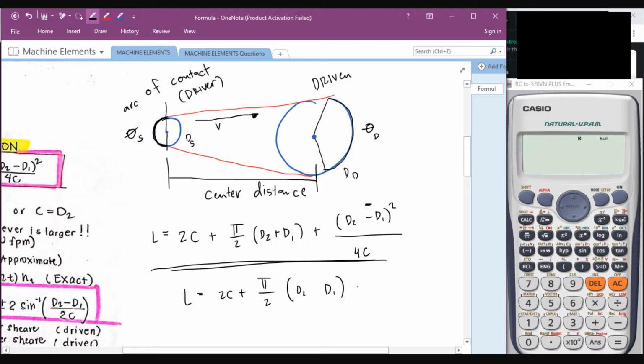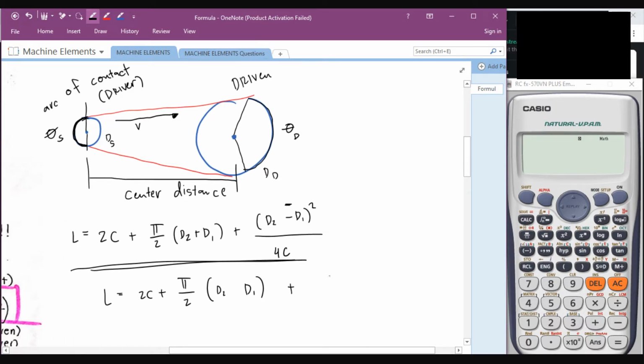Tapos, plus D2 D1 squared over 4C. Pag cross belt, di ba cross? Ayan, may cross. Ito open belt, ito cross belt. Lahat may cross o di plus, plus. Dito lang nagkakatalo pag open. Okay? Ganun pag cross belt connection.